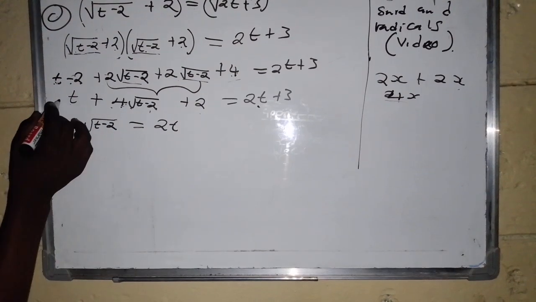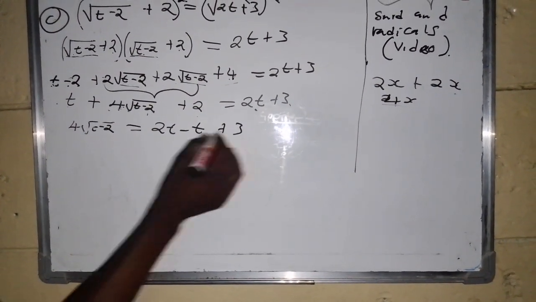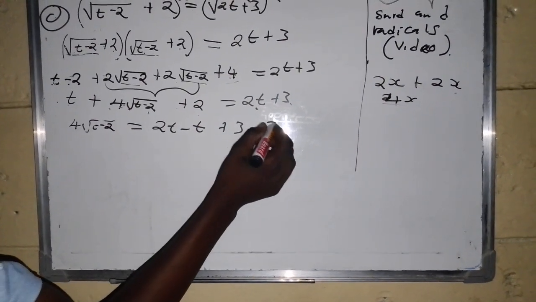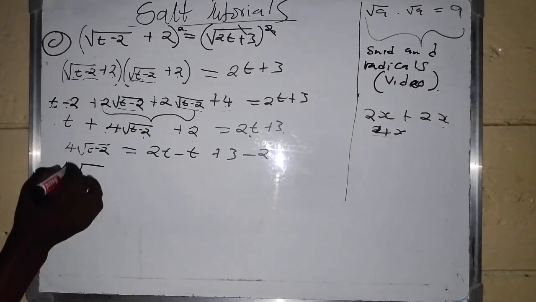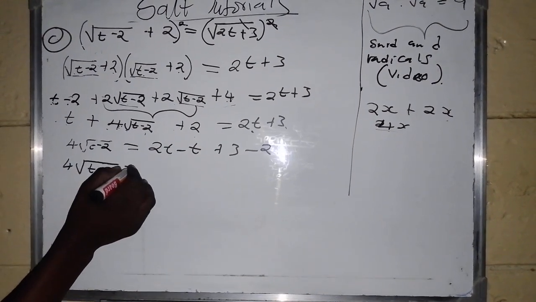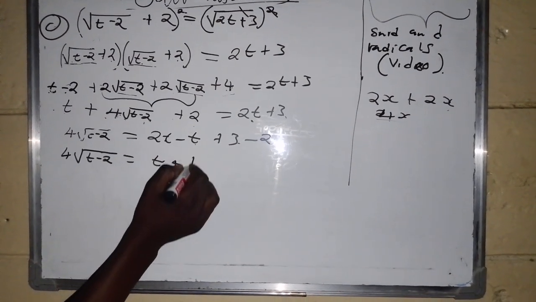When this t comes to the other side, it becomes minus a t. I have a plus 3. When this 2 comes this side, it becomes minus a 2. So that we can have 4 root t minus 2 is equal to t plus 1.